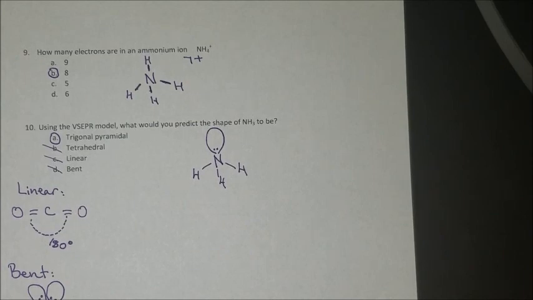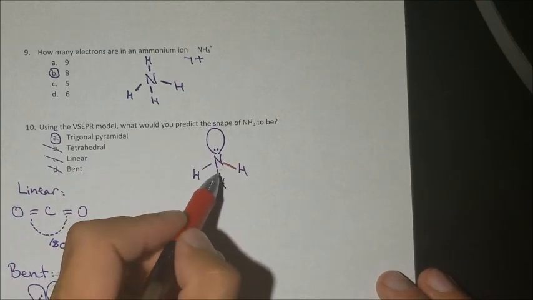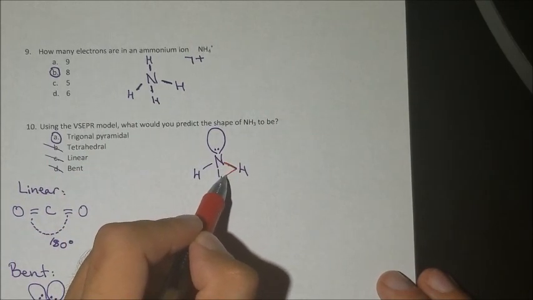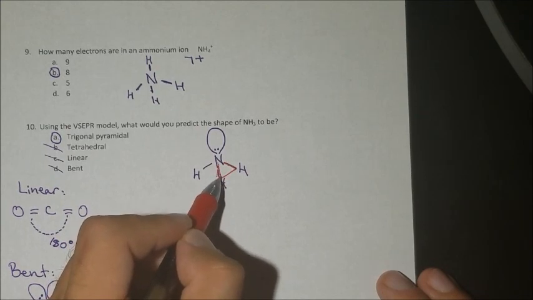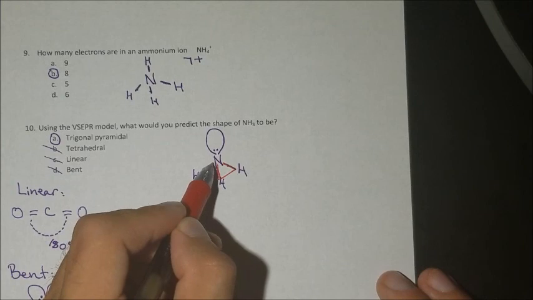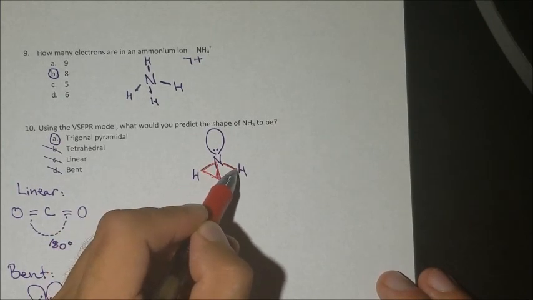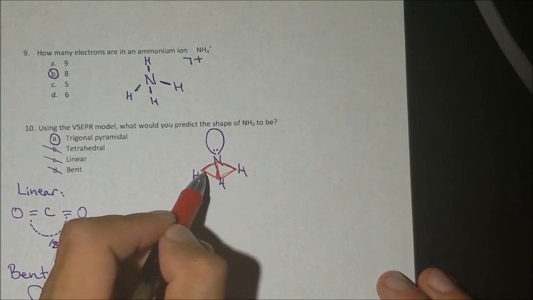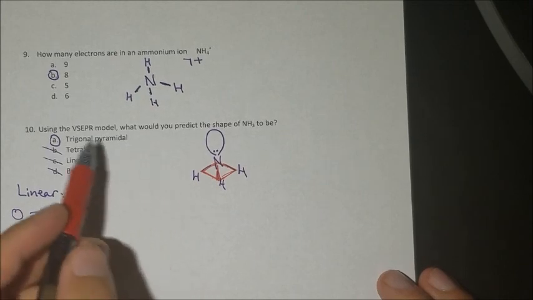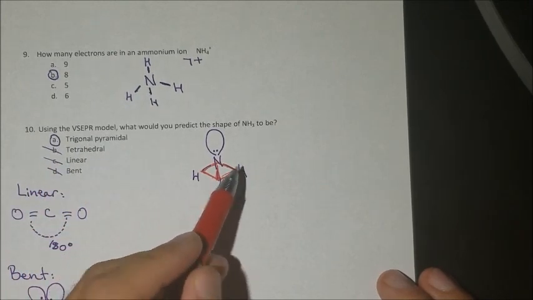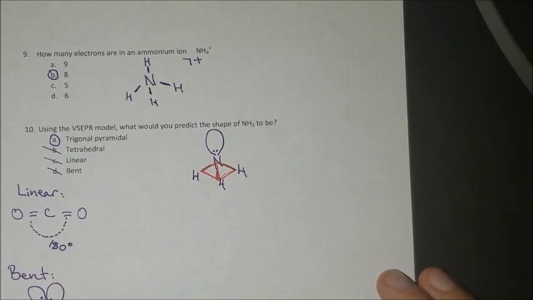Let me grab a different color here and see if I can demonstrate to you why it's called trigonal pyramidal. So if I draw this out like this, and this is like a corner that's coming out at us, out of the page, here's another corner, and I connect this like so, hopefully from my drawing you can see that this starts to look a little bit like a pyramid. So it's called trigonal because you've got 1, 2, 3 hydrogens there, and pyramidal because on the bottom here you have a pyramid.